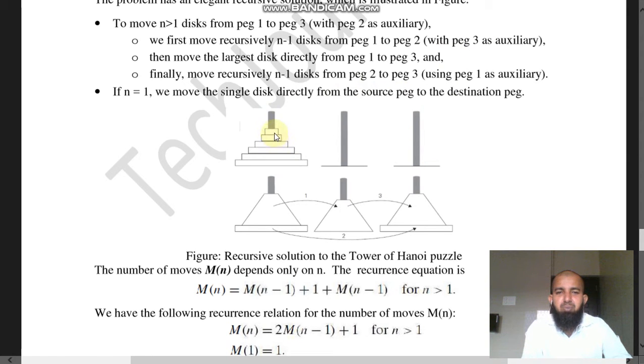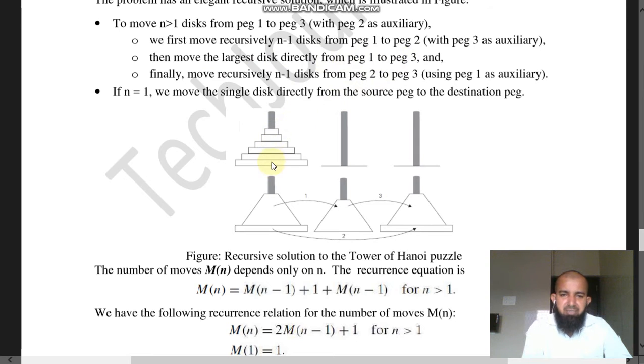If you place the smaller one first here, then the bigger one you would have to place on top. It is not permissible. So you need the second auxiliary peg. Initially you can't place directly, so first you place them on the second peg, assuming peg 3 as auxiliary, then move the largest disk directly from peg 1 to peg 3.